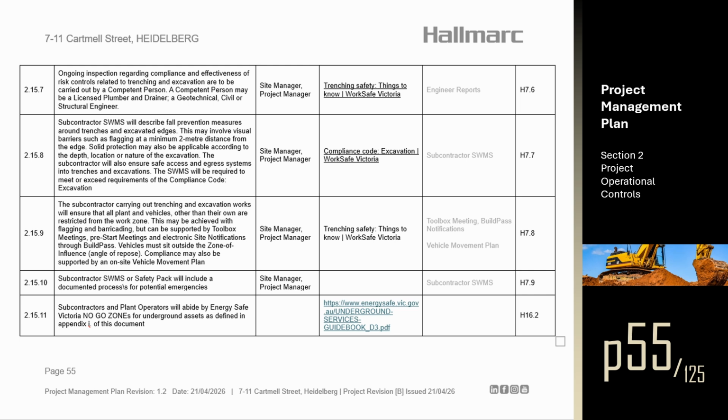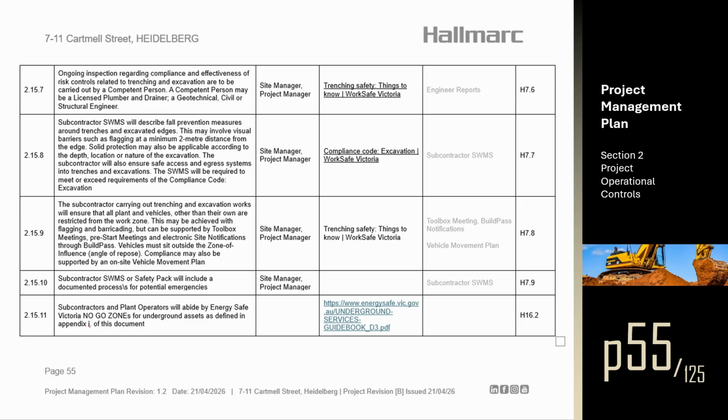Section 2.15.9. The subcontractor carrying out trenching and excavation works will ensure that all plant and vehicles, other than their own, are restricted from the work zone. This may be achieved with flagging and barricading, but can be supported by toolbox meetings, pre-start meetings, and electronic site notifications through BuildPass. Vehicles must sit outside the zone of influence or angle of repose.